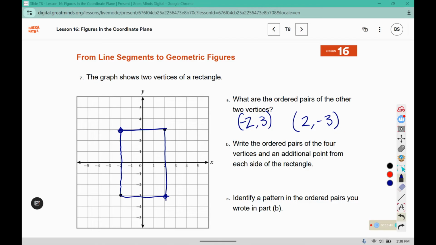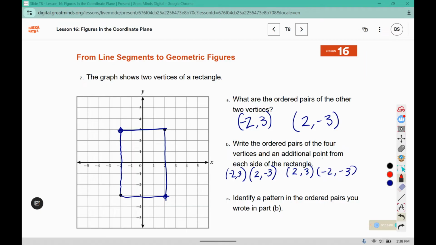Well, we know those two that we just wrote down are in there. This one that was originally there is 2 right and 3 up. Those are both positive values. This one is 2 left and 3 down. Those are both negative values.